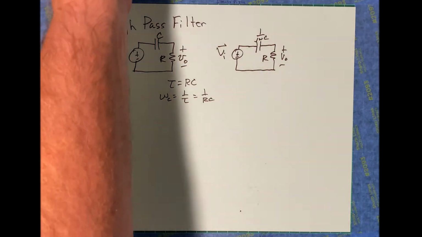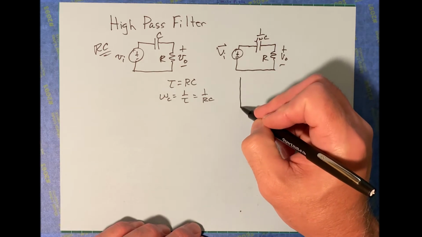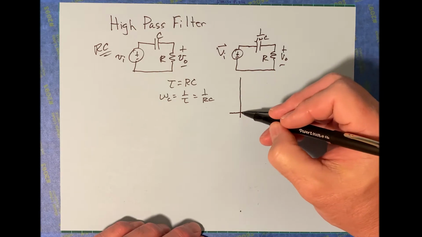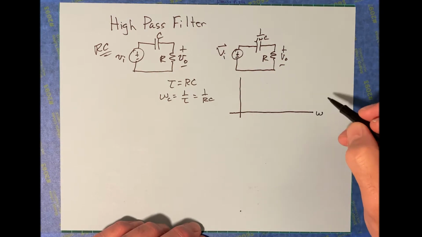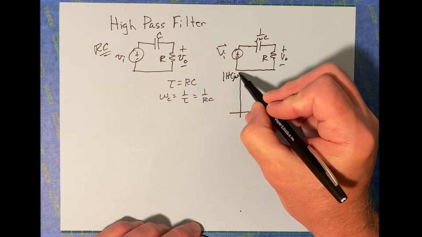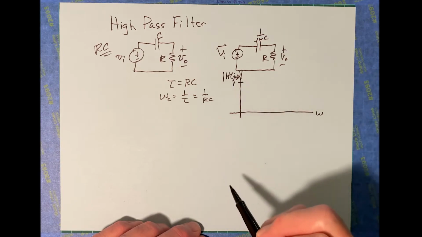All right. So what does that mean? The curve for this one is going to look like this. That's omega, and this is the magnitude of the transfer function here. Maximum at 1.